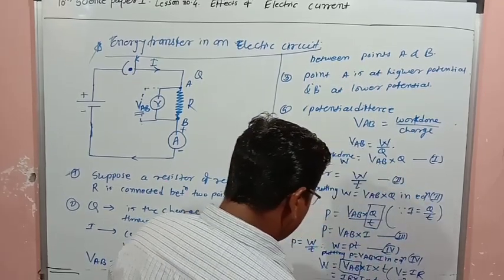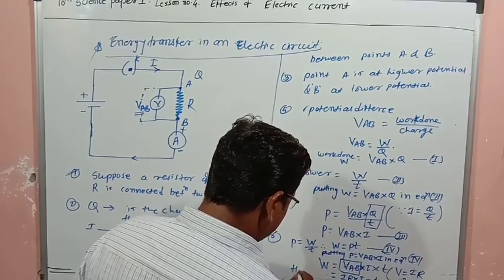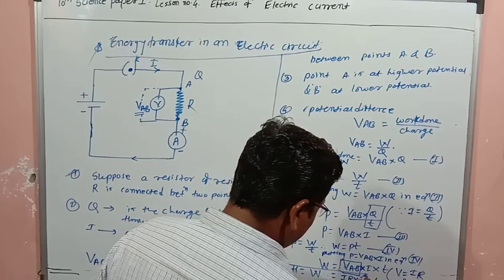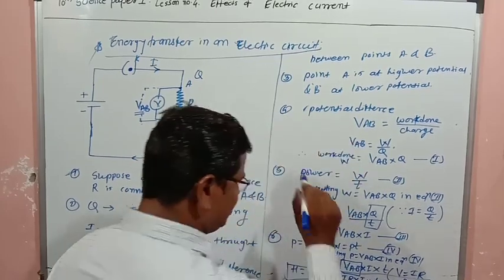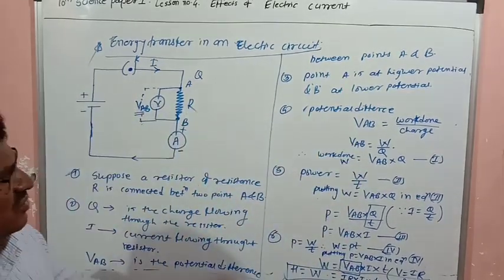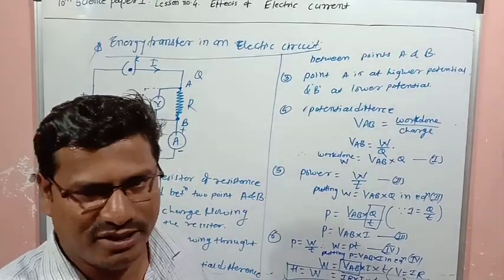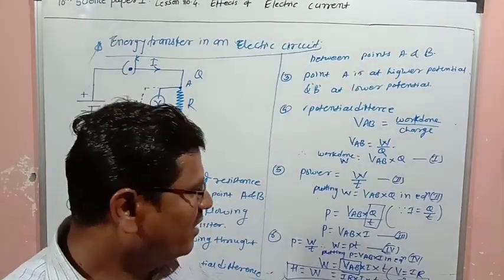This equation is H is equal to W is equal to I square RT. This is Joule's law of heating.